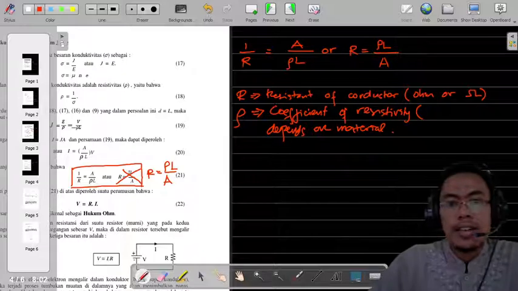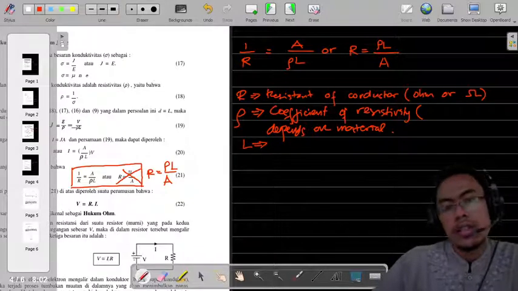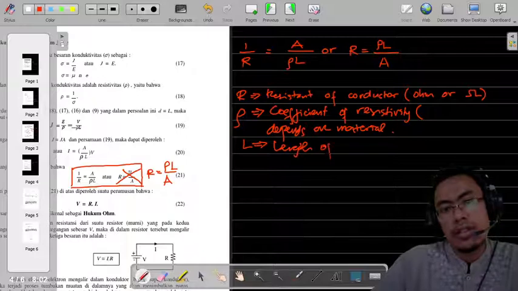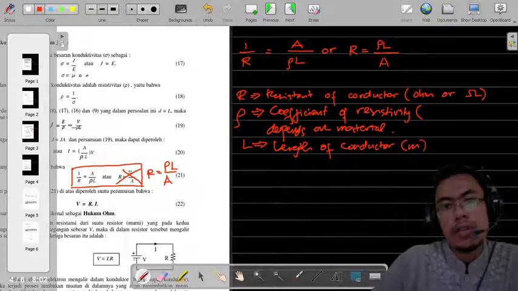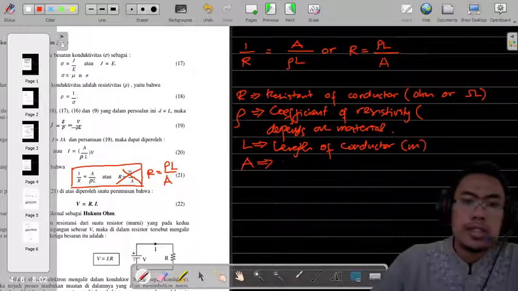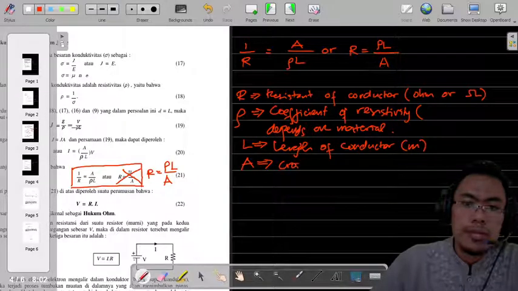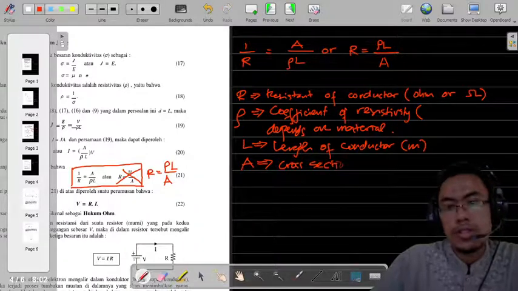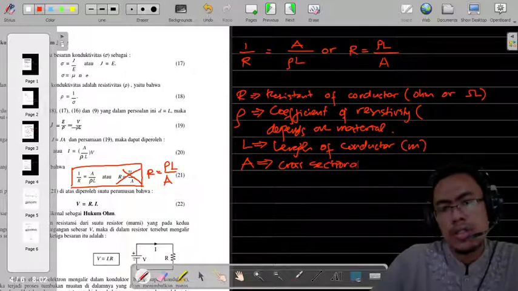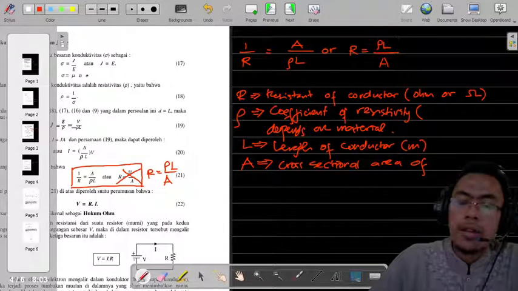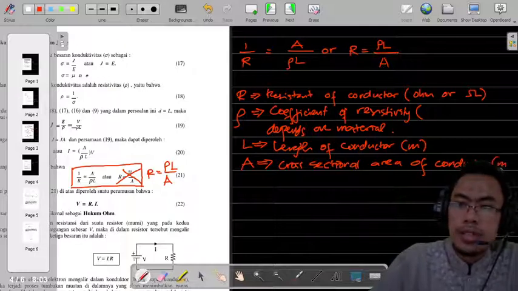And then the L is length of conductor, which unit is m for meter, and A is the cross sectional area of conductor, which is m square.